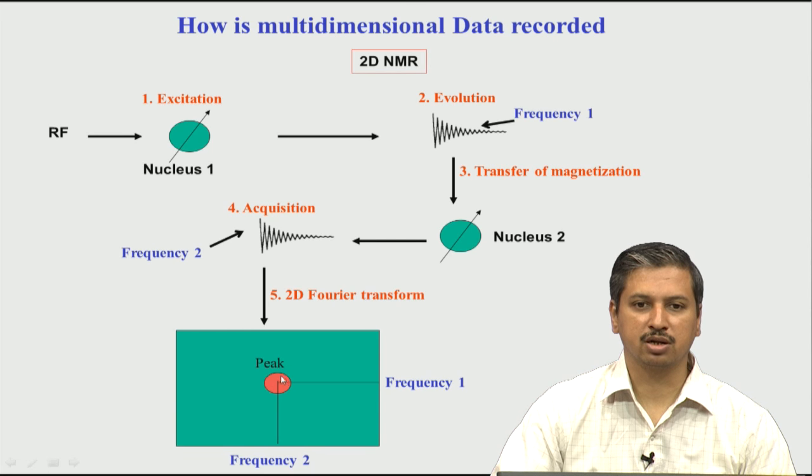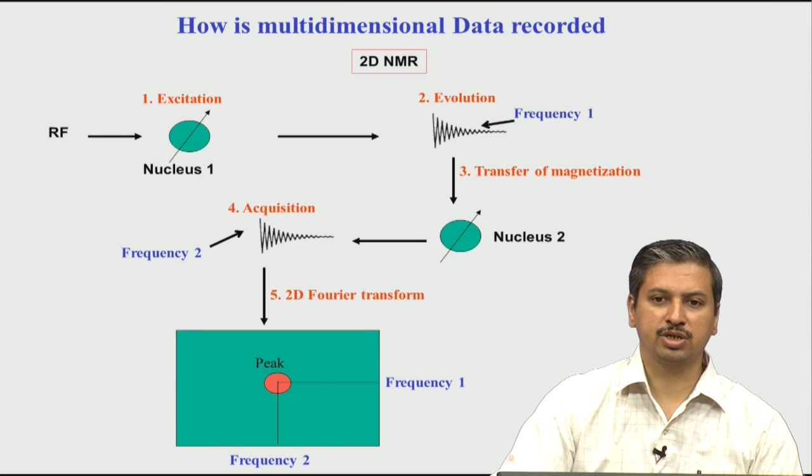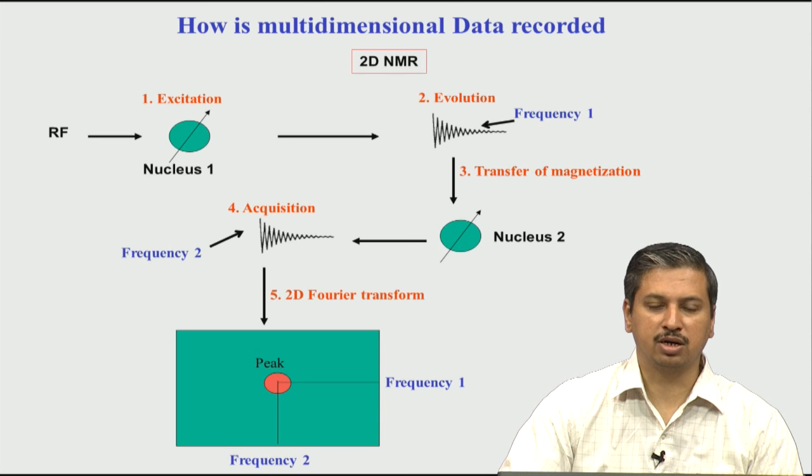So, together they are captured as a cross peak. Now, this cross peak has 2 frequencies, each corresponding to one nucleus. So, this is basically the general idea of 2D NMR, and there are many variations of this. As we go along we will see that.